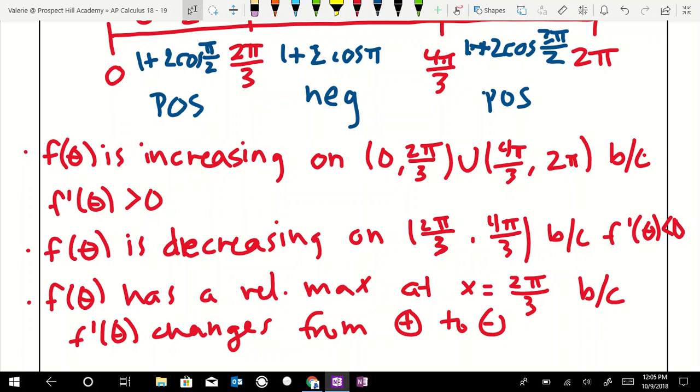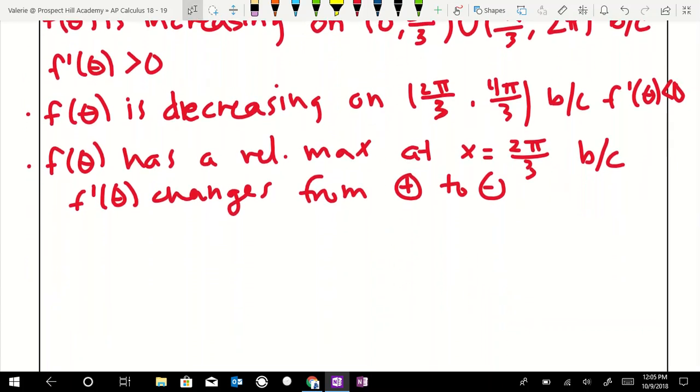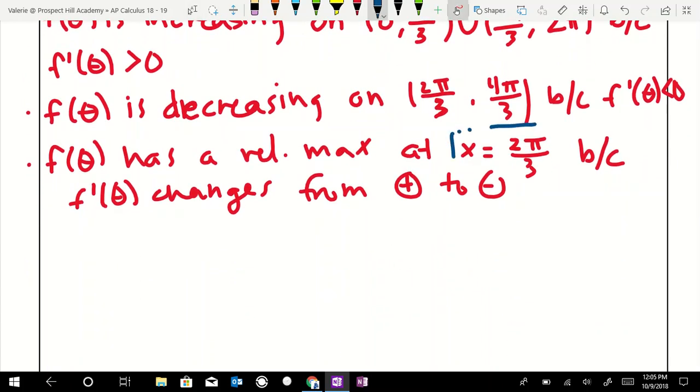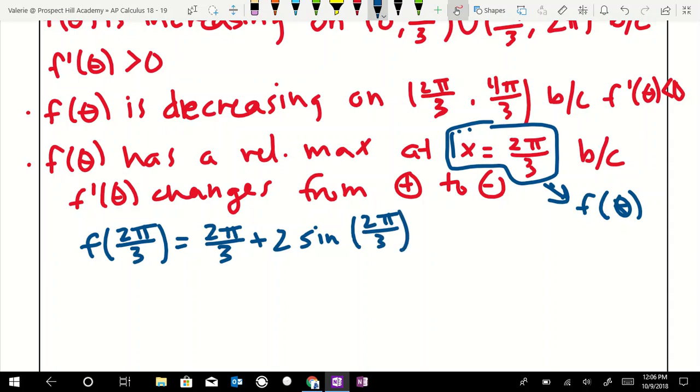Okay, so now that we've identified where the relative max is, we want to actually find out what the point is. So to find that, we know that x is equal to 2 pi over 3 at the relative max. So what we're going to do is plug that into our original function. Okay, so then we have f of 2 pi over 3 is equal to 2 pi over 3 plus 2 sine of 2 pi over 3, which is equal to 2 pi over 3 plus square root of 3.